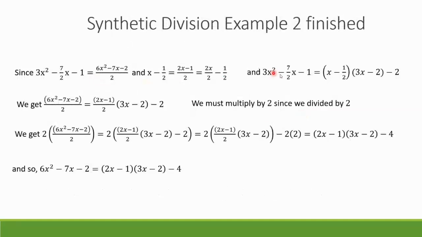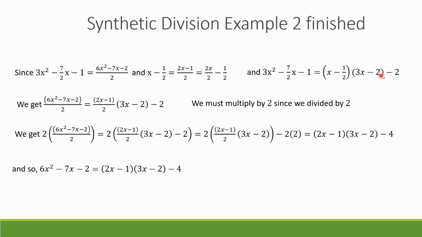And that's what I'm doing here. Here I'm just illustrating, collecting facts that this is equal to this here. This was our original dividend. This is our divisor. But this is 2x minus 1 over 2. This is our original divisor, excuse me.